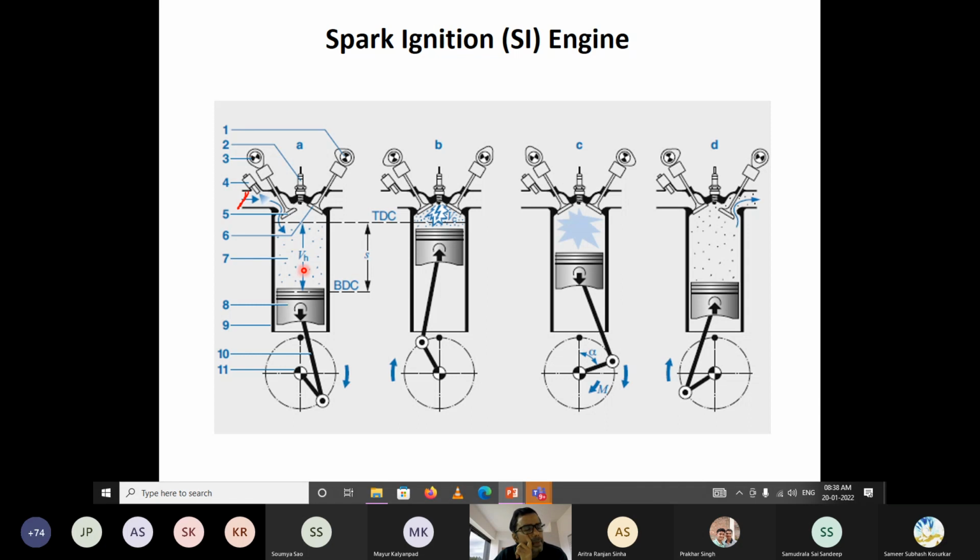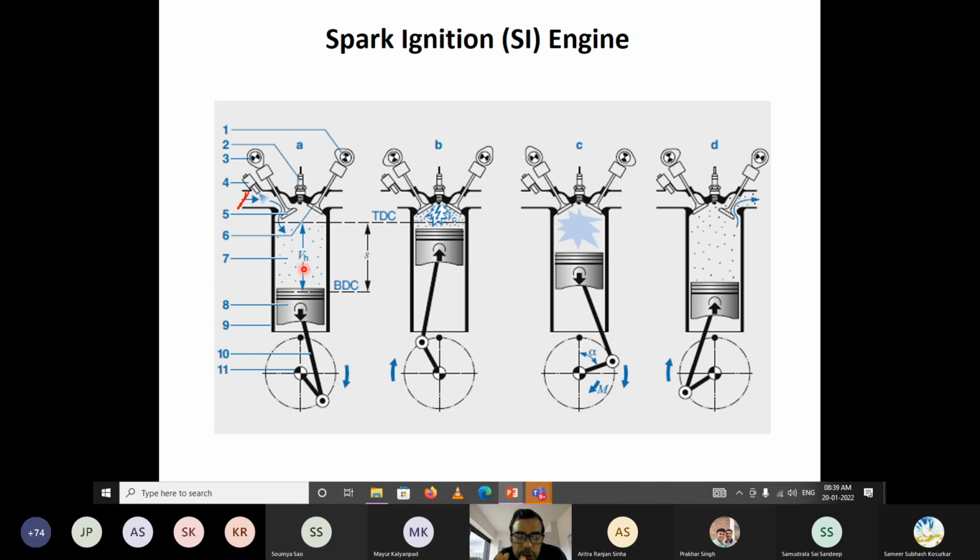Now you will realize that previously, whenever I was talking about the intake stroke, I was always using the term that during the intake stroke it is a mixture of fuel and air, or air only. Why was I using these two terminologies? Because fuel and air is true for the spark ignition engine, and only air comes in for the compression ignition engine.